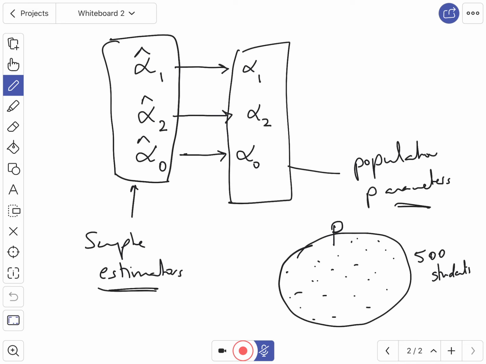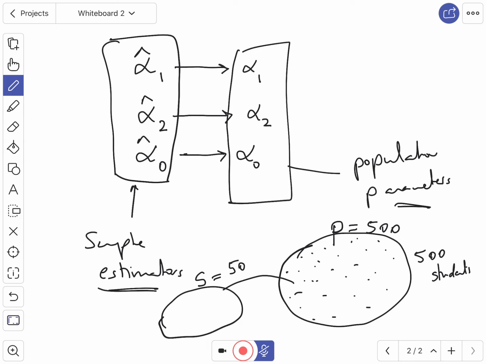I'm going to ask each student how much you earned in your first job. Probably I will not be able to reach out to the 500 students, but I can take a sample from this big population, and hopefully this sample, I'm going to call it S, of just a small portion. So let's say 50 students.